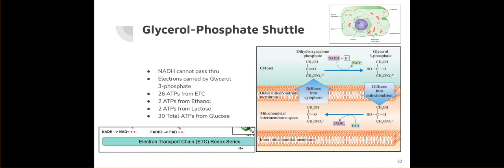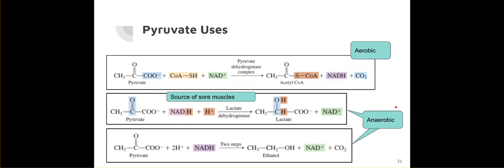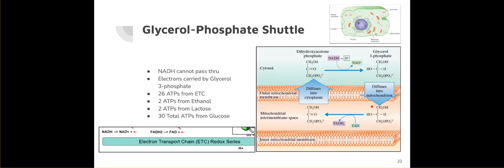And then this can diffuse back out into the cytoplasm out here, and this is a cycle that can happen over and over again. So this is the mechanism for getting the electrons that are carried by that glycerol 3-phosphate into this inner membrane space of the mitochondria.